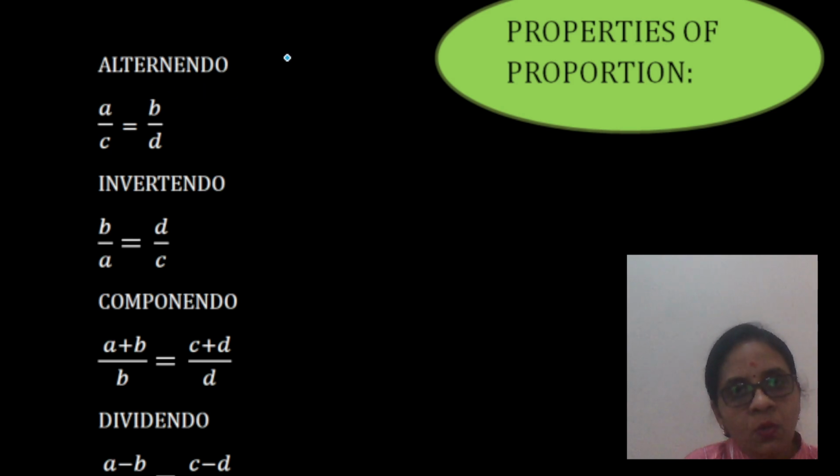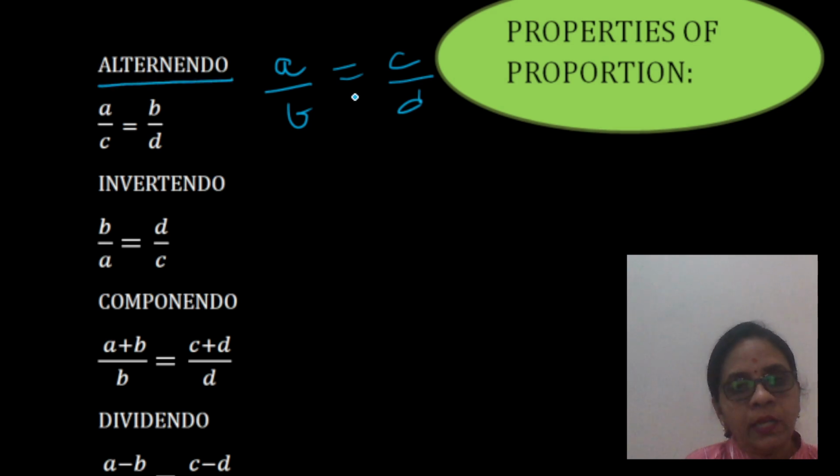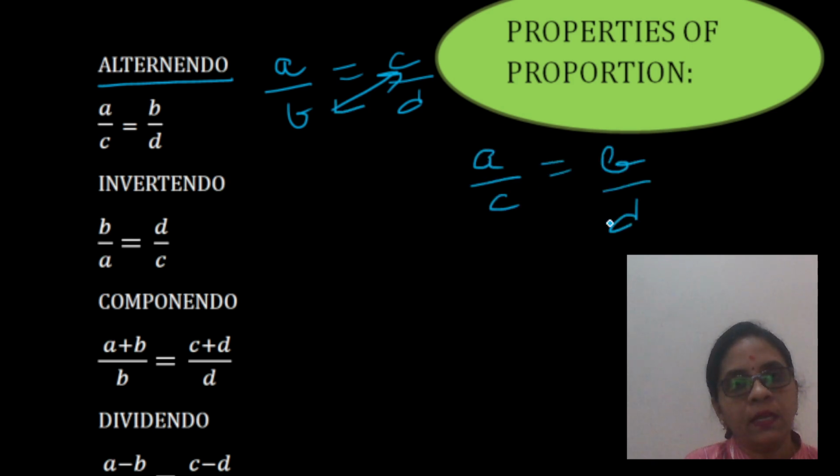Now, proportion. You all know that A, B, C, D are in proportion if A by B is equal to C by D. Now, the first property is alternando. Alternando, children, it means that the denominator and the numerator of these two ratios get interchanged. That is, you have it as A by C is equal to B by D. That is alternando.